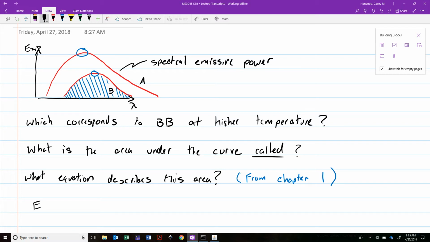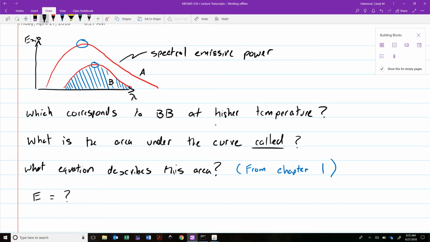In this case, we're looking for E equals something. When we introduced it at the beginning of the class, it was Q radiation equals something. Or Q prime, sorry. If we went ahead and, right, these curves are described by the Planck distribution.